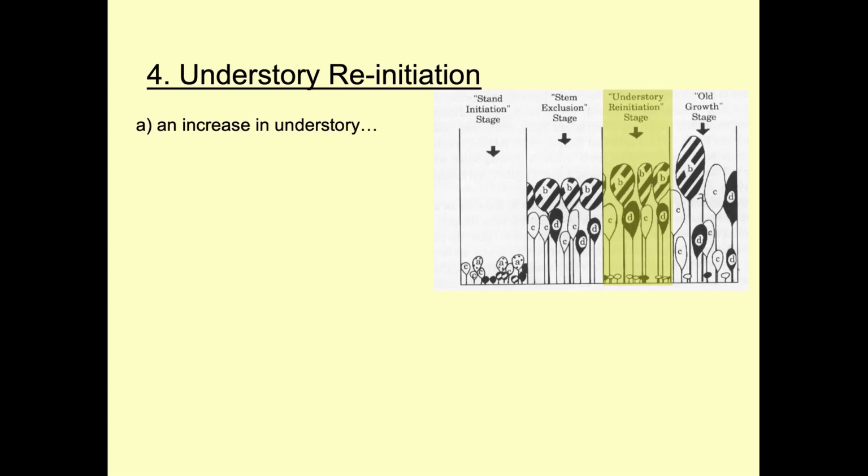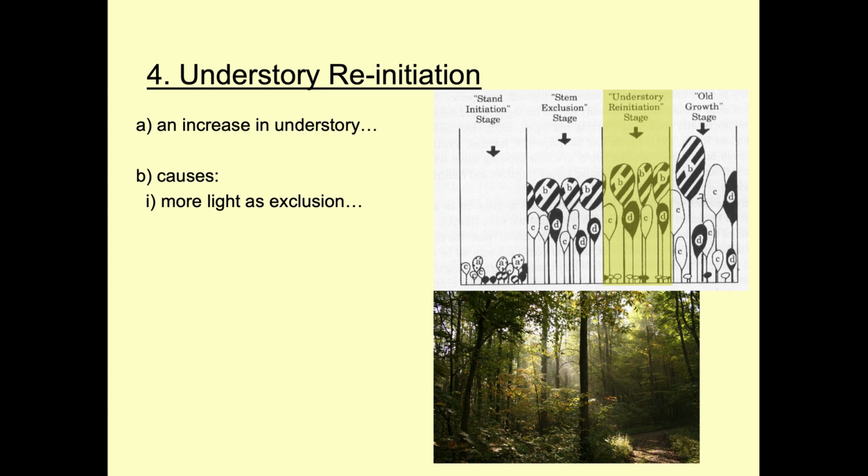Like I was just mentioning, the understory reinitiation phase is when there is an increase in understory plants. More light penetrates the forest floor that is created from these more opened little micro habitats.